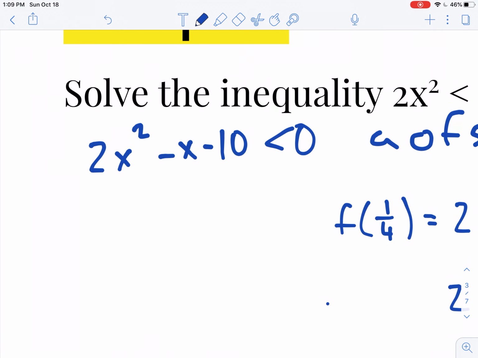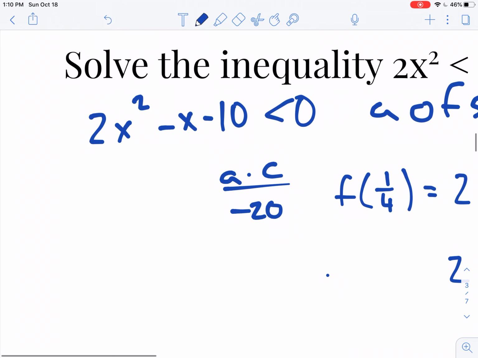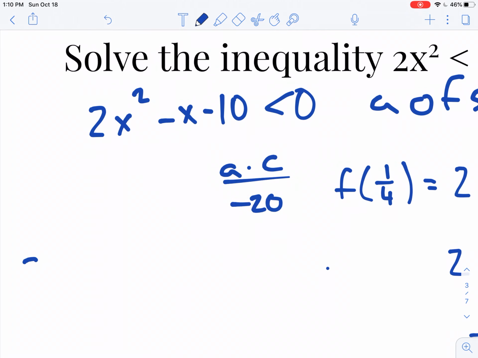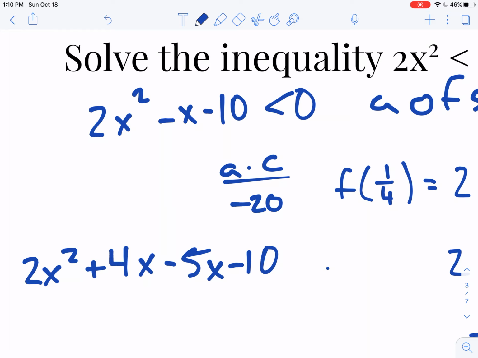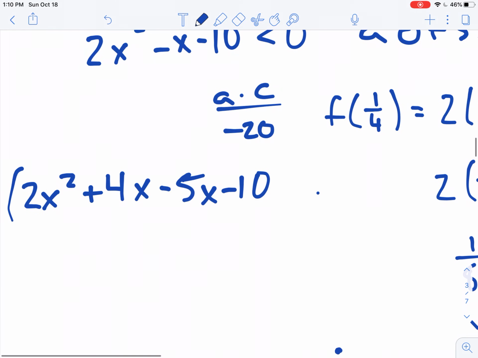So here, let me factor this. My a times c value is negative 20. So I'm looking for numbers that multiply to negative 20 but add to negative 1. That's positive 4 and negative 5. So I've got 2x squared plus 4x minus 5x minus 10. Factor by grouping.